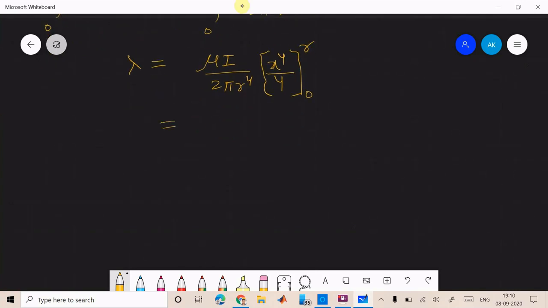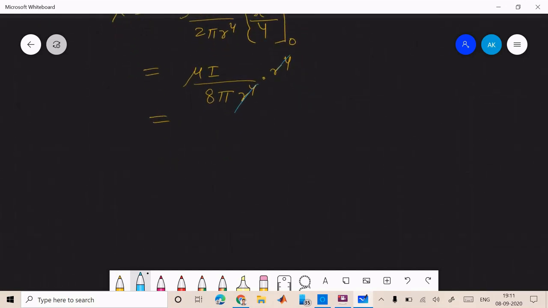So you will get mu I over 8 pi r raised to power 4 times r raised to power 4. This r raised to power 4 will cancel out, and you will get mu I over 8 pi as your lambda.